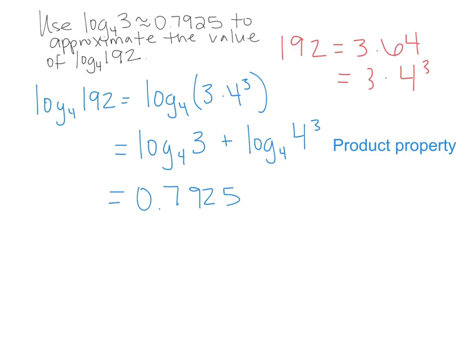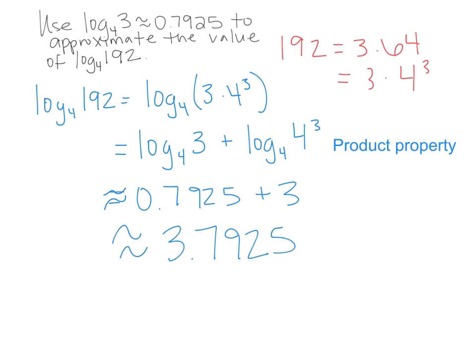So the log base 4 of 4 goes away, and we're left with the exponent of 3. So we can put plus 3. And at this point, I should have done the approximately equal to because I pulled in this top part. But now we can just add these together, and you get about 3.7925 as your answer.